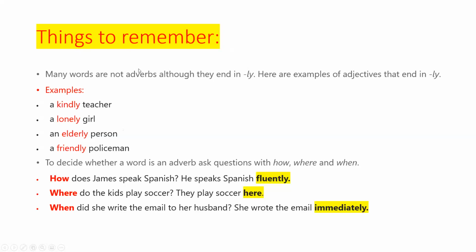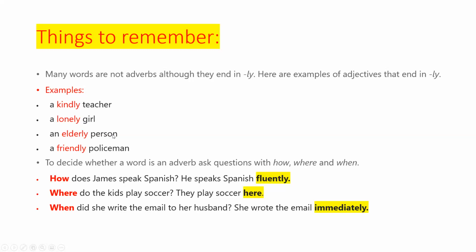Things to remember. Many words are not adverbs, although they end in ly. Let's see some examples. A kindly teacher. Kindly is not an adverb, it's an adjective that is modifying the noun teacher. Lonely girl, lonely is an adjective that is modifying a noun, girl.